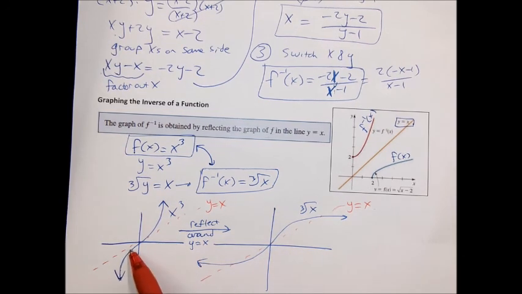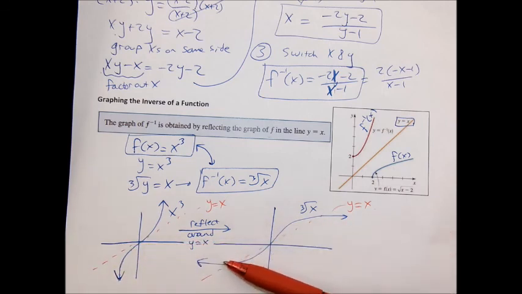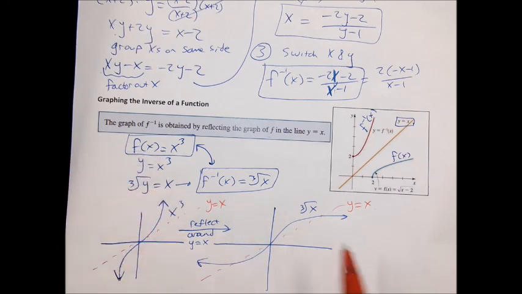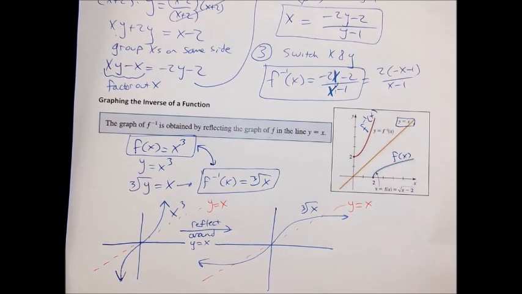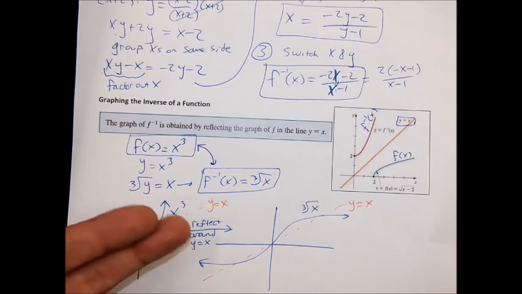If we flipped it over that line, it would end up pointing that way, which is what this one does. And if we turned this one around that line, it would end up pointing that way, which is what this one does. And so we think about reflecting around that line.